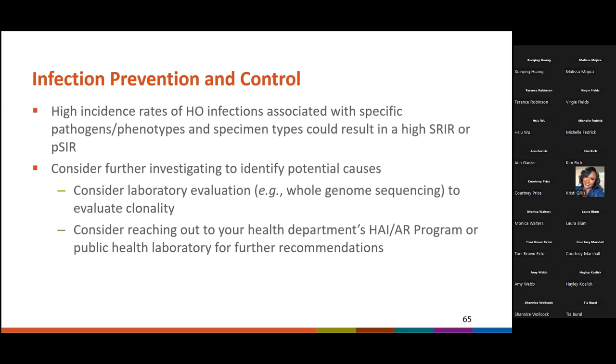For example, you can list out all the events of the phenotype or pathogens which have high SIR or pSIR, and then clarify whether there is a shared source of infection. To determine clonality, consider a laboratory evaluation, such as whole genome sequencing. Also, we recommend reaching out to your health department's HAI AR program or public health laboratory for further recommendations.